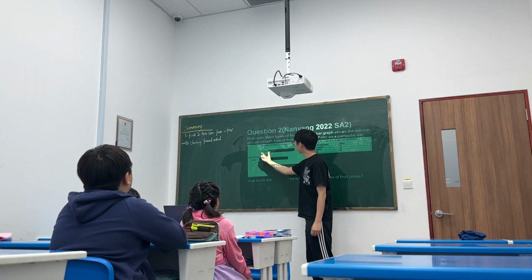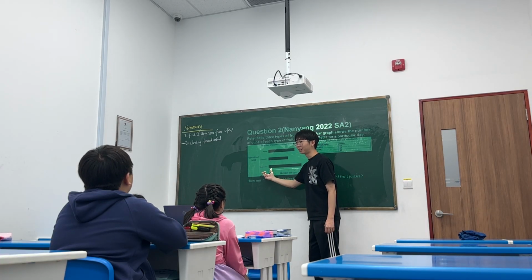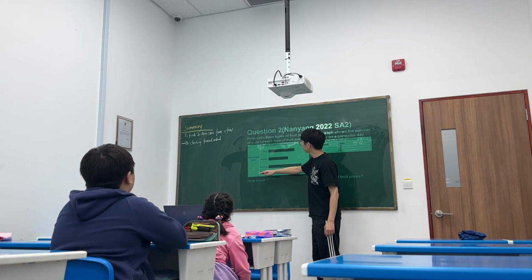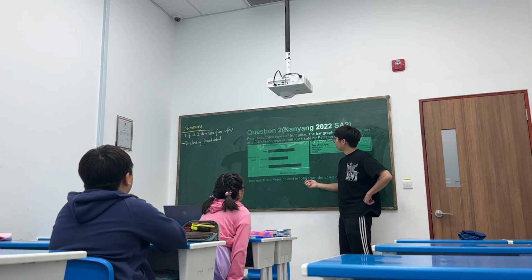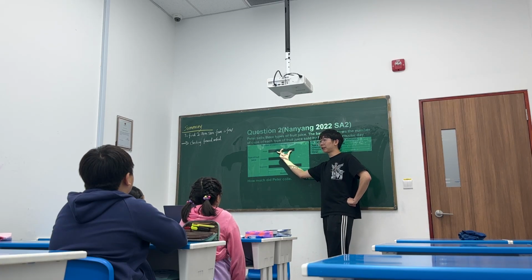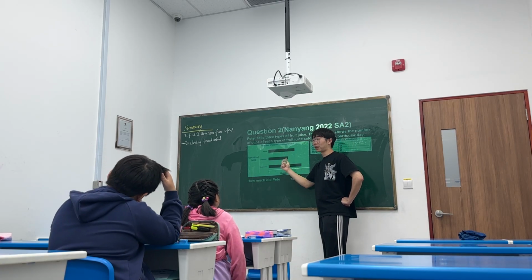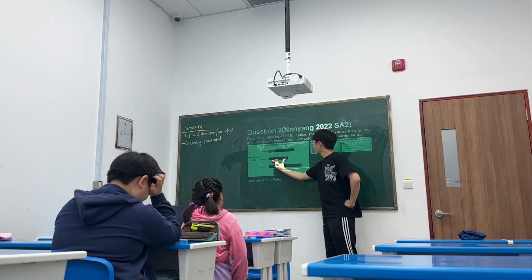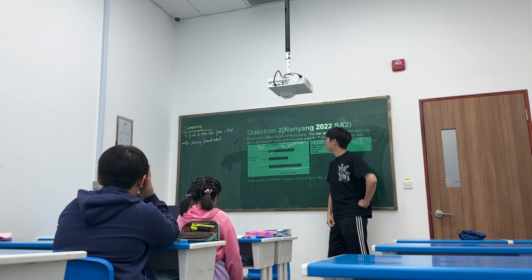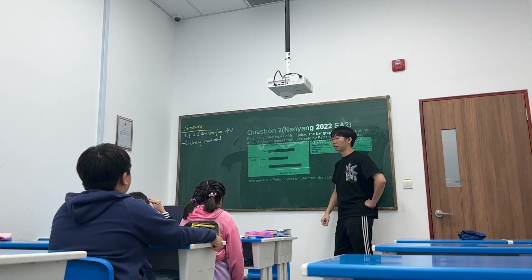So you see vertically you have 3 types of fruit juice, right? So the vertical line actually represents the type of fruit juice. For example, this bar represents how many cups you sell for the mango juice. Like for this bar it represents how many cups of honey juice you sell.